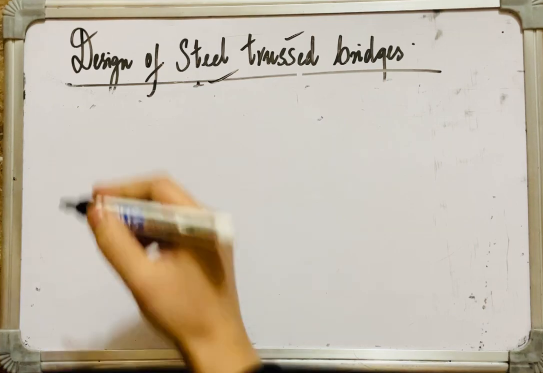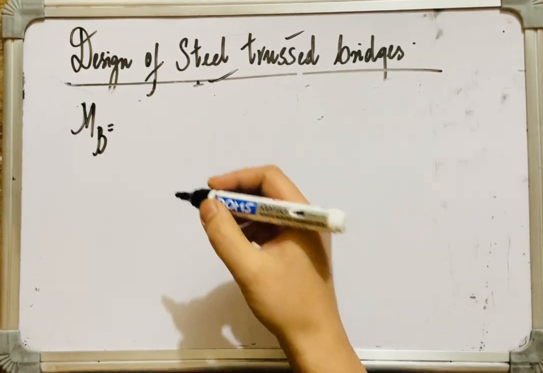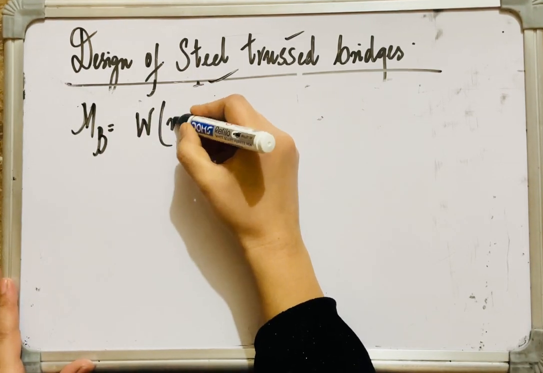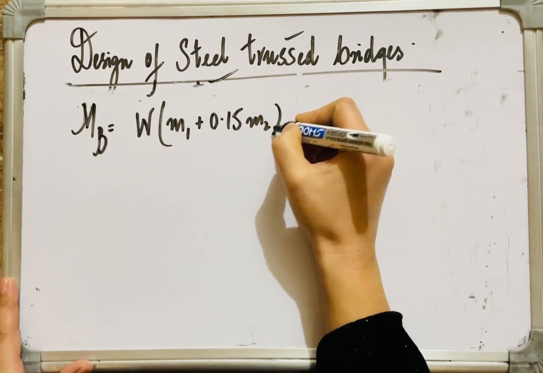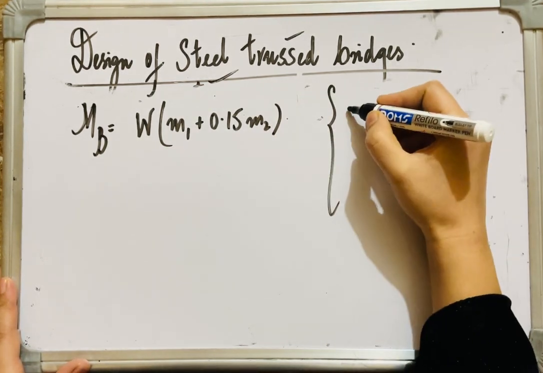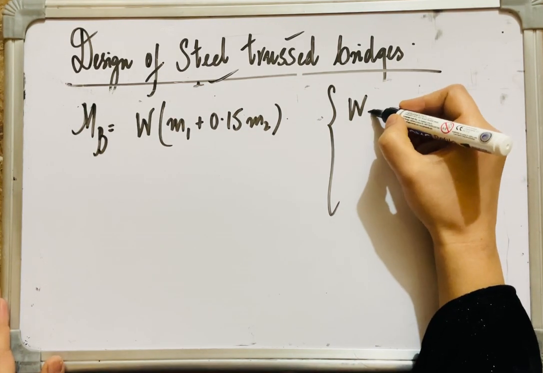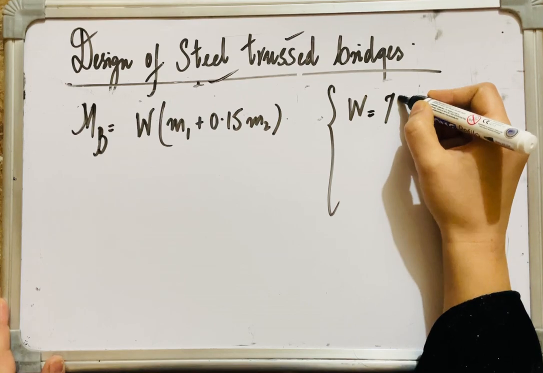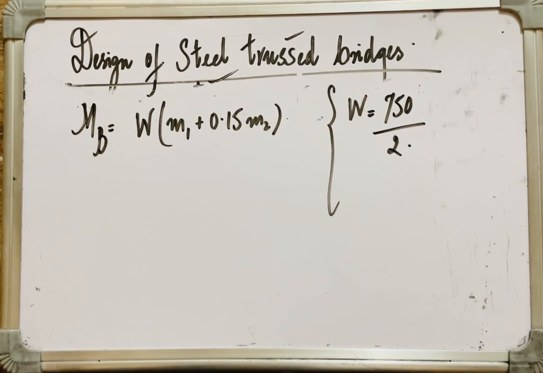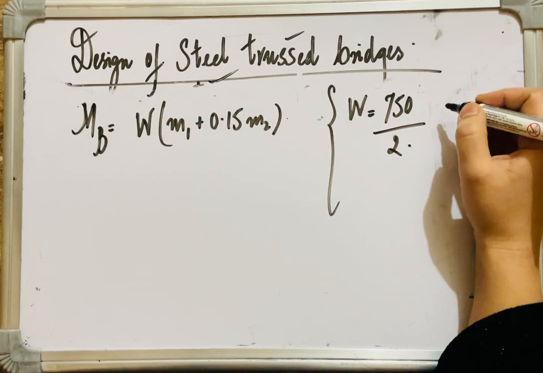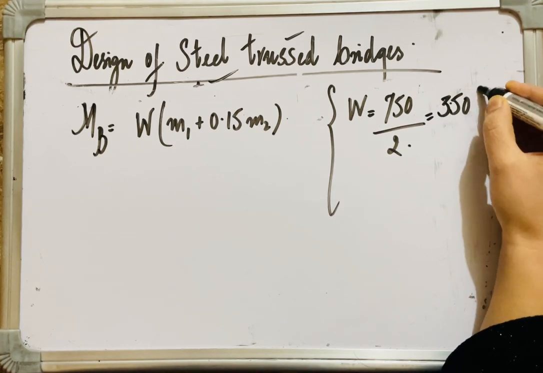Now, MB, this is the bending moment along shorter span. क्या है formula? W times (m1 plus 0.15 times m2). Now this W, this is the load from the wheel under consideration, and for one track it is 750 divided by 2 in case of IRC Class AA loads for tracked vehicle, and this is equal to 350 kilonewton.